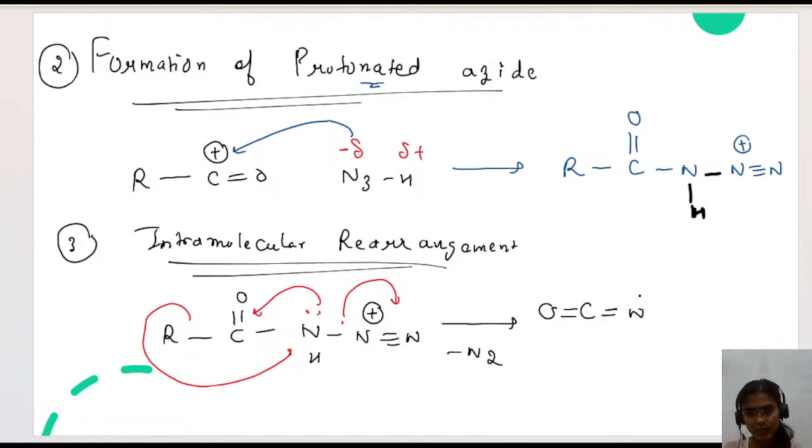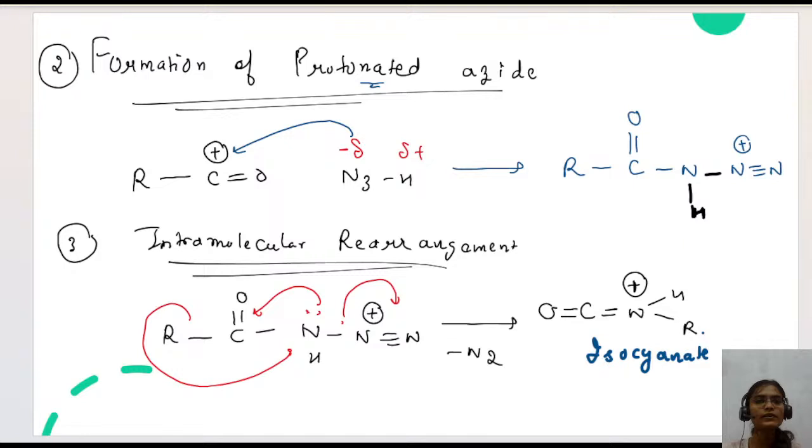The hydrogen will remain intact with this nitrogen, like this. Let me write hydrogen, and R is there. Since nitrogen has four bonds here, that's why there's a positive charge. So our intermediate isocyanate is ready. It's an intramolecular rearrangement like the previous one.